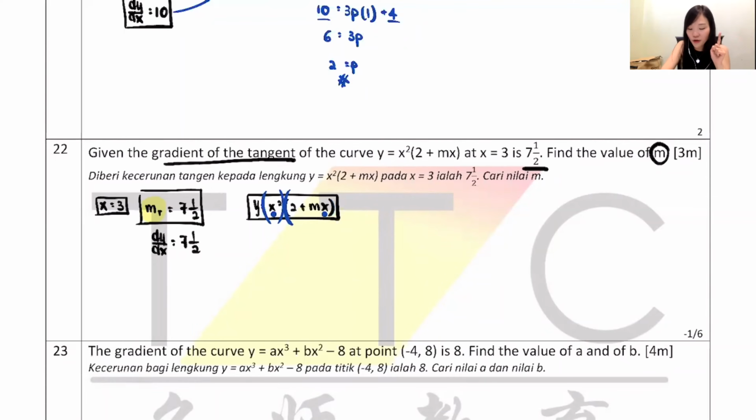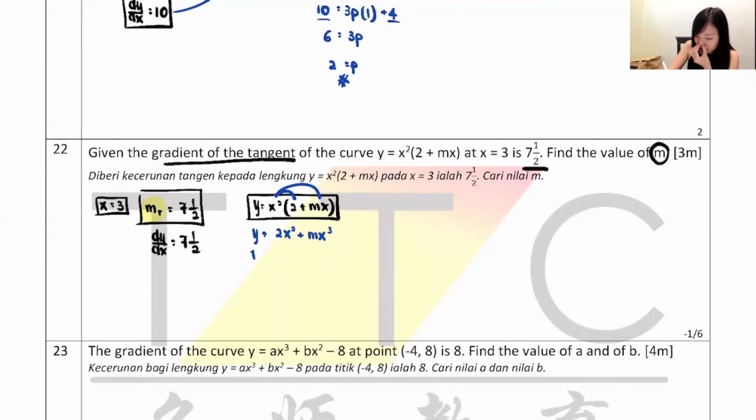No. Why not? Because these two brackets have no power, so why don't you expand it first? x squared times 2 is 2x squared, and x times x squared is x cubed. After I expand it, these are no longer a times relation but a plus relation. Whenever they are plus or minus relation, you can use the normal method.